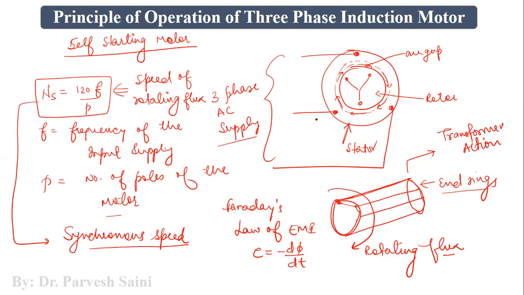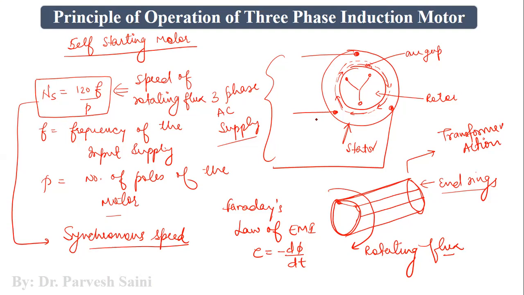So we give an AC supply to the transformer's primary, and because of this AC supply we have a bidirectional flux produced in the core of the transformer. This bidirectional flux is linked with the primary as well as the secondary winding, and because of this flux we have an EMF induced in the secondary winding, which we take at the output, and we connect a load across the secondary of the transformer.